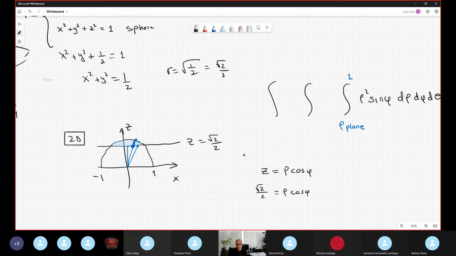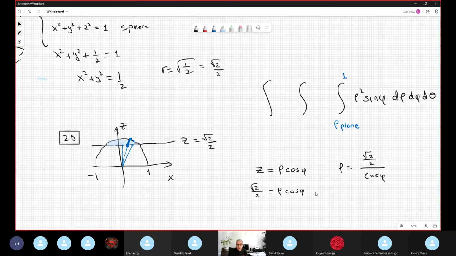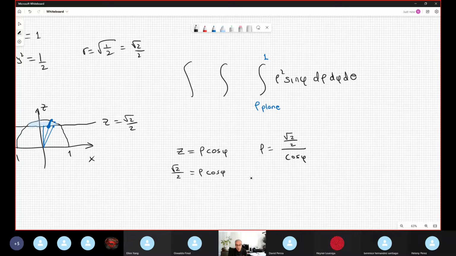You isolate rho, so rho is equal to radical 2 over 2 divided by cosine phi, no? Either way, you can write, for example, rho is equal to radical 2 divided by 2 cosine phi. And this is the formula. Okay, put it here in the row of the plane.